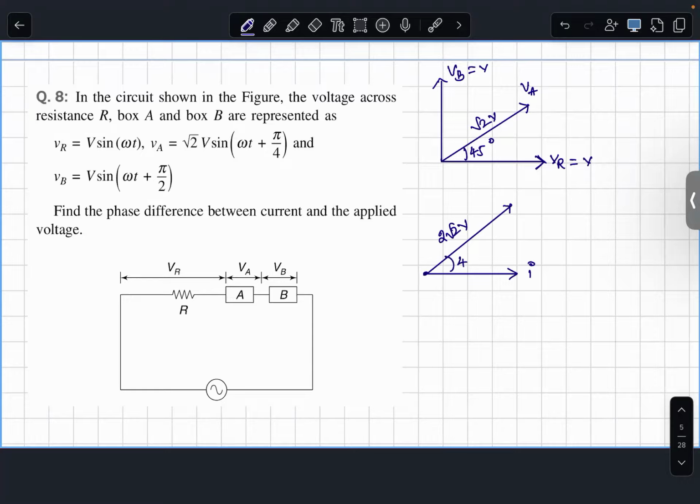This angle is 45 degrees. Find the phase difference between current and the applied voltage. 45. Any doubts? Any doubts? I'm asking again, any doubts? Go through.